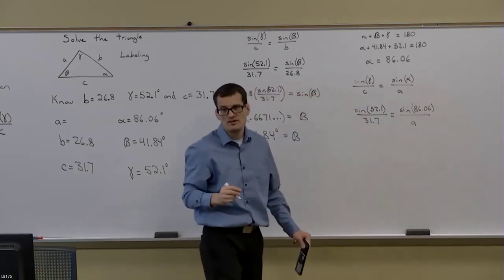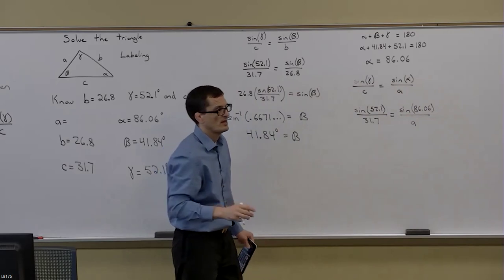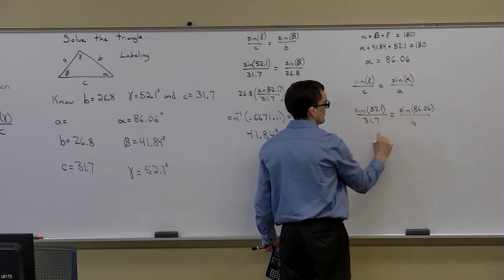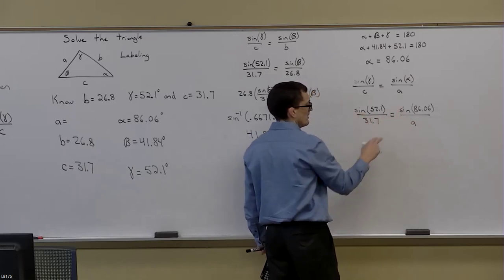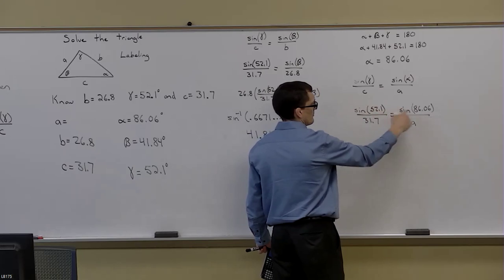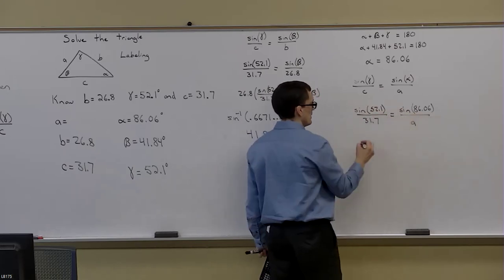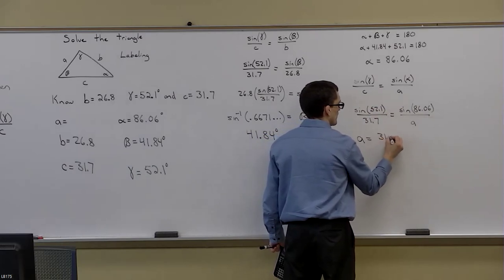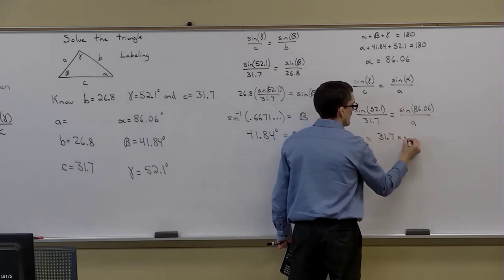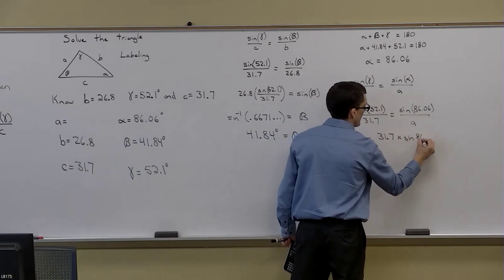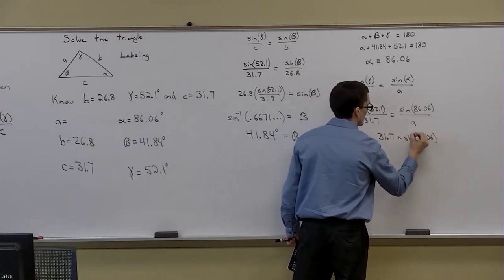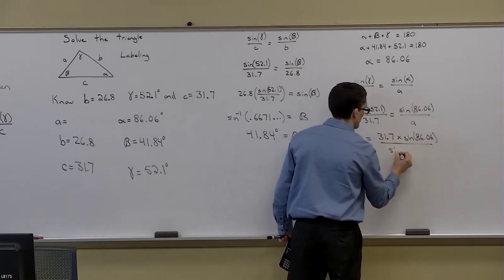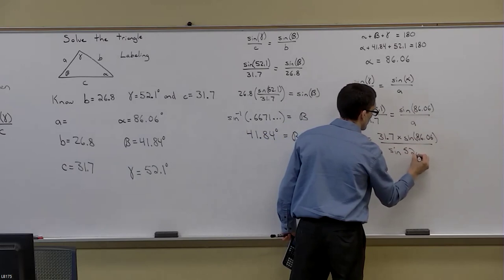I'm going to do all this at once. If I multiply by A on both sides, and then multiply by 31.7 and then divide by sine. So multiply by A, and then multiply by the reciprocal of that fraction. I'm going to get A is equal to 31.7 times sine of 86.06 divided by sine of 52.1.